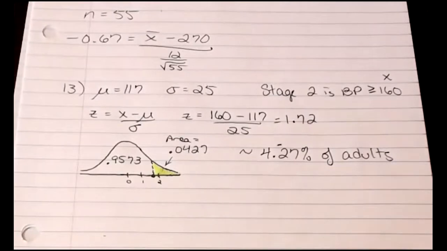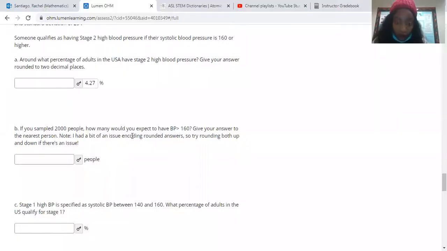So then if you sample 2,000 people, like the one below it, would you put the 2,000 as the X? Actually, no. X refers to your blood pressure, right? Think about what this is saying.